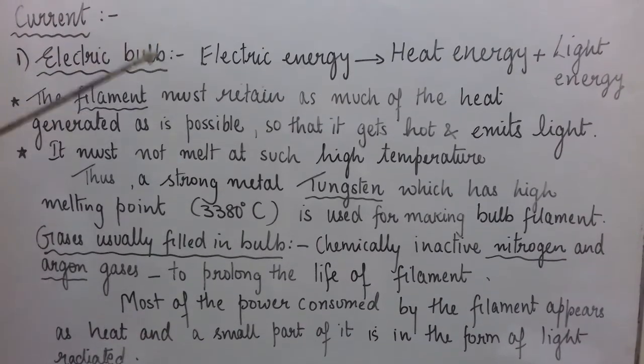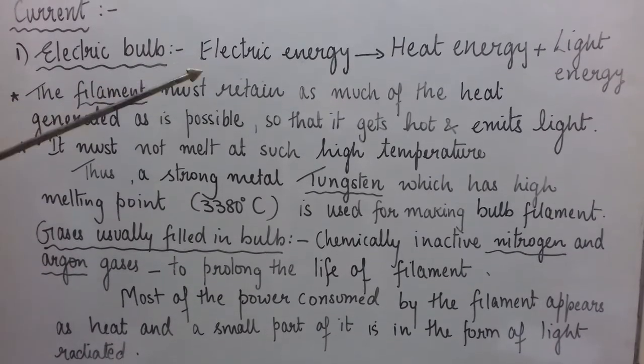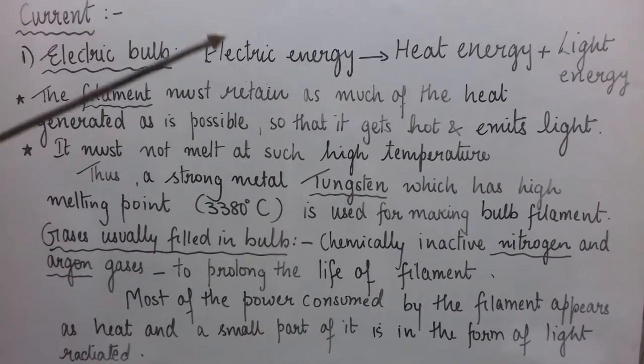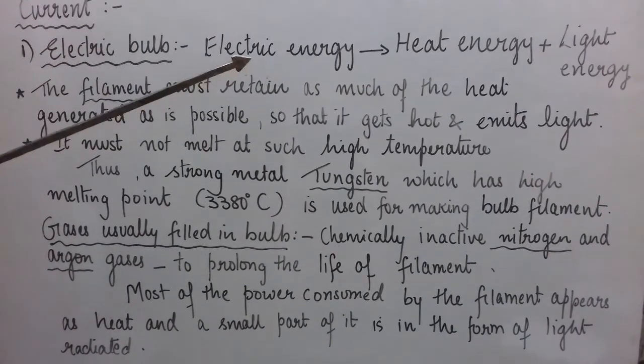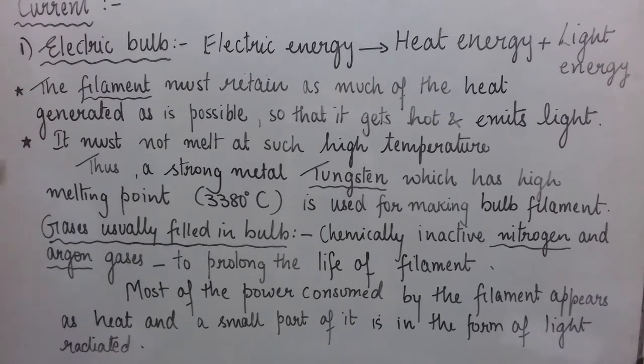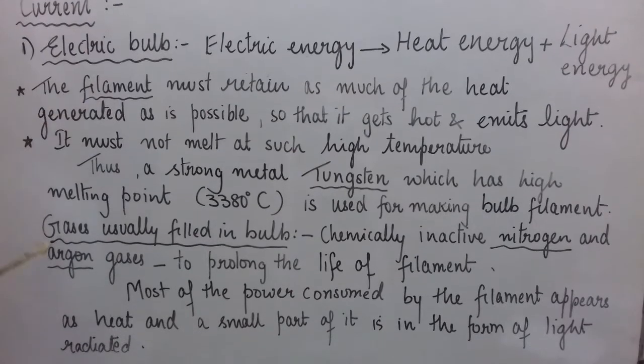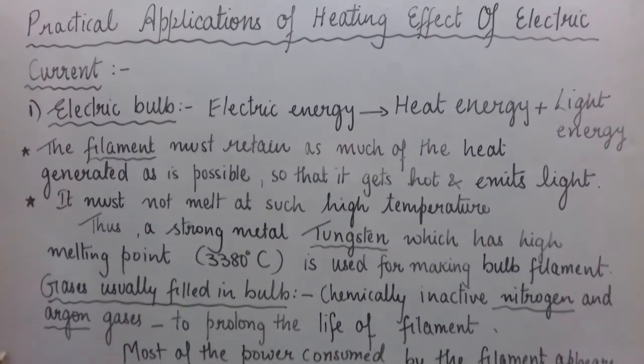So, as we have studied before also, the electric energy which is supplied gets converted into a large amount of heat energy and a small amount of light energy. I hope these things which we have discussed related to the bulb, like filament and gases, are clear to you.